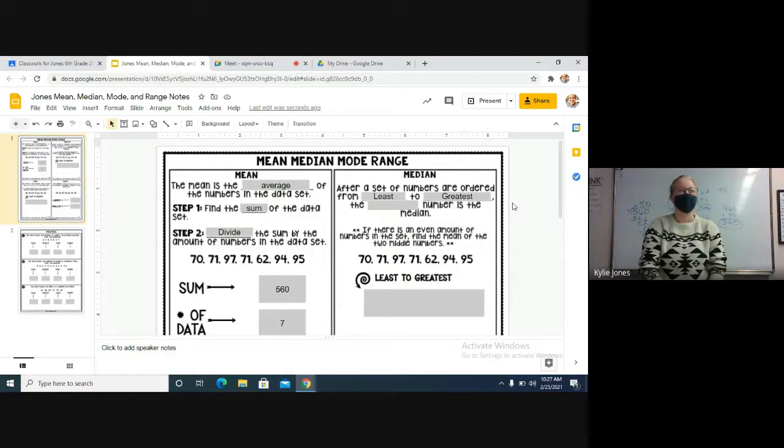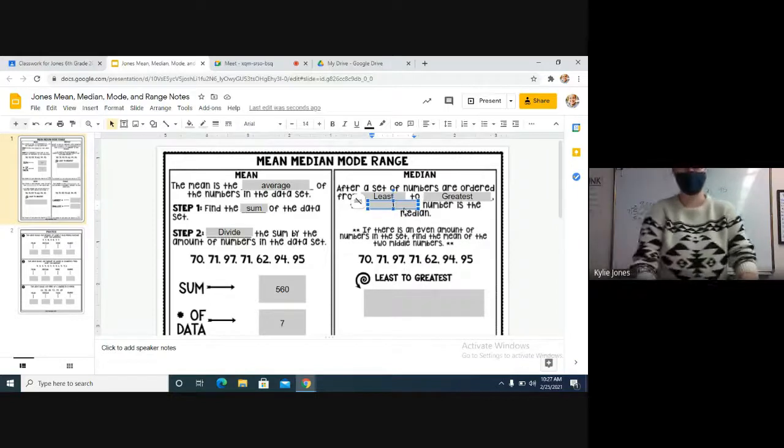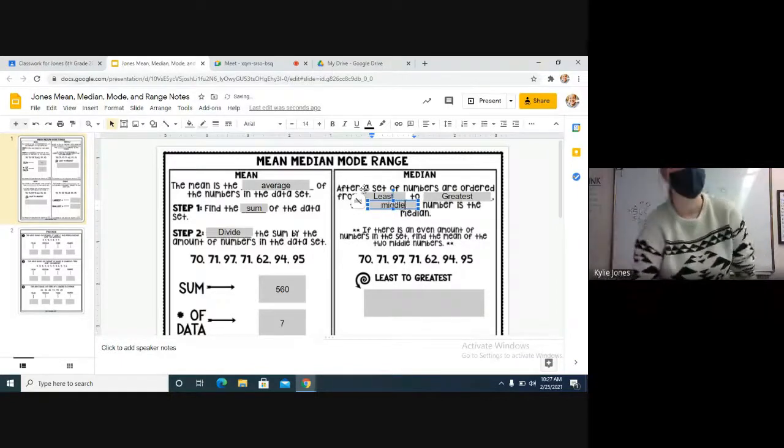What I've noticed over the years, when students are finding the median, they forget to put it in order from least to greatest. That is super important. You have to do that first, or else you're going to get the wrong answer. If you don't do it, you just find a random number in the data set, and it's not right. So, it has to be in order from least to greatest. And then the next blank is that you're finding the middle number, the exact middle number of your data set.